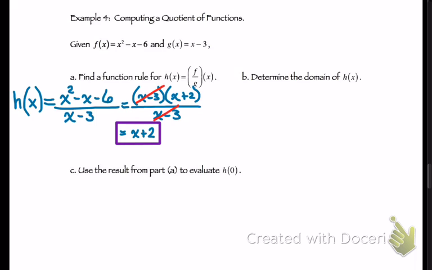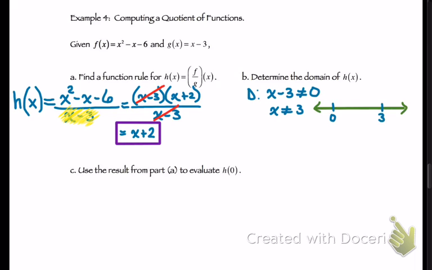Understand that when we talk about dividing functions, I know that this bad boy right here cannot equal 0. So to find my domain, even though that canceled out, I have to be careful. I know that x can't be 3, or I can't even get to my new function rule.